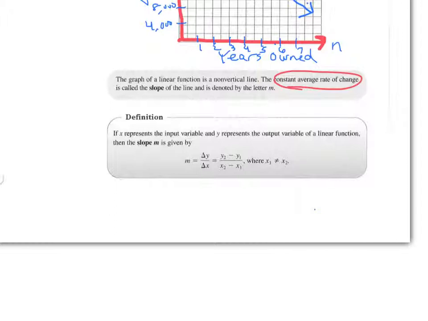It's how fast the line goes up or how fast it goes down. So you want to think of it as a rate. Dollars per year or miles per hour, those are slopes. But here's what we really did on that table before. We subtracted the y's and we subtracted the x's to figure out how many dollars it depreciated per year. So there is the formula still there.